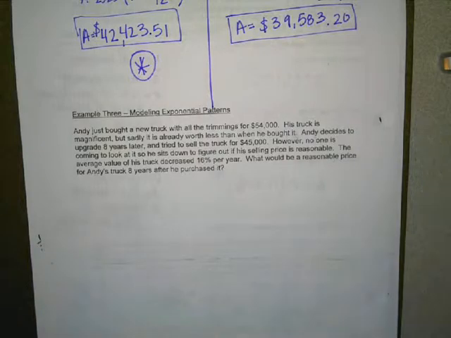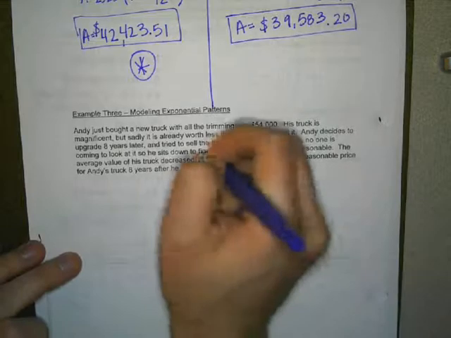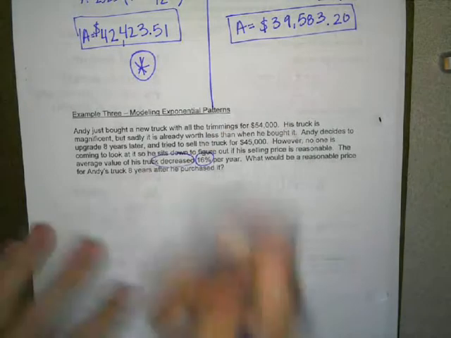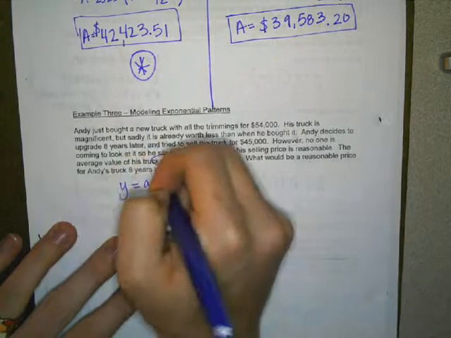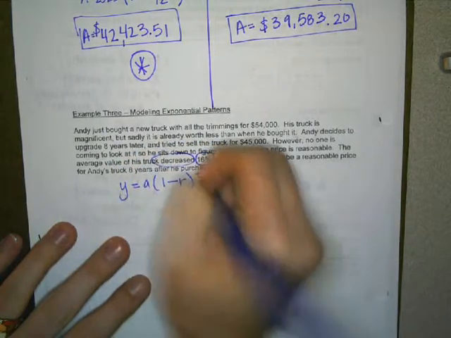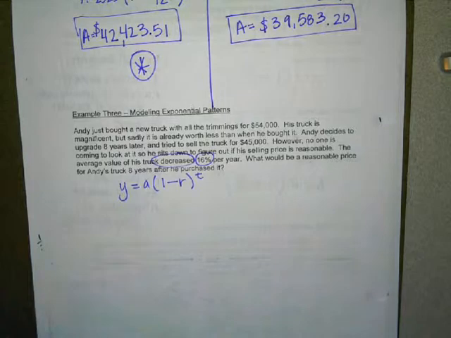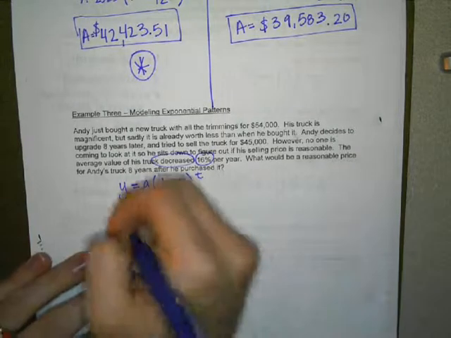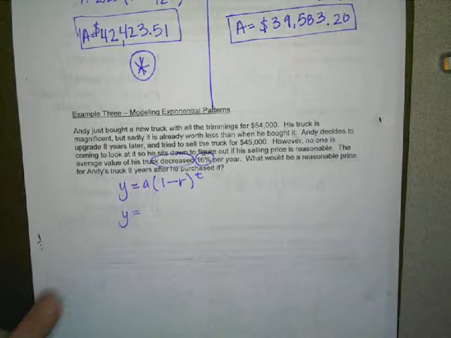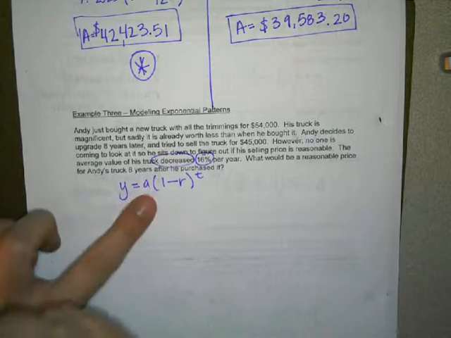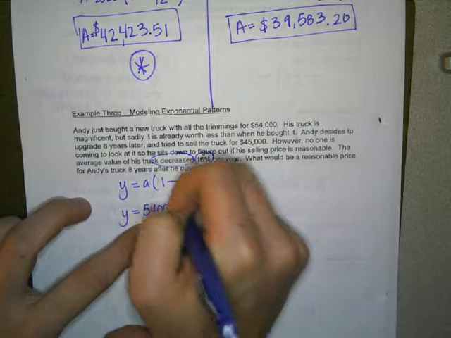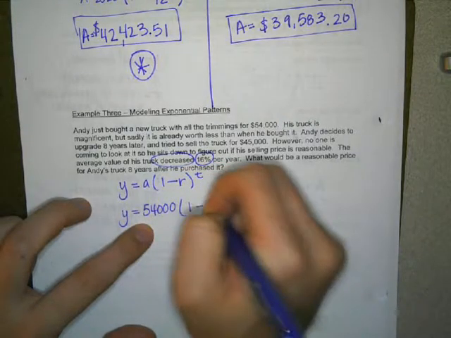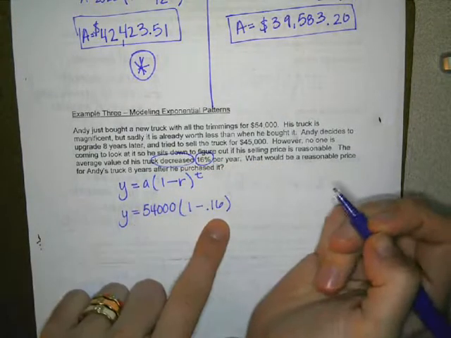Okay, now I see a percentage and I see the word decreased, so I know it's an exponential decay. So there's my model. Y is going to be the final amount of the car after a certain period of time. A is the original amount, which was $54,000. It's decreased 16%, so I'm going to subtract 0.16.